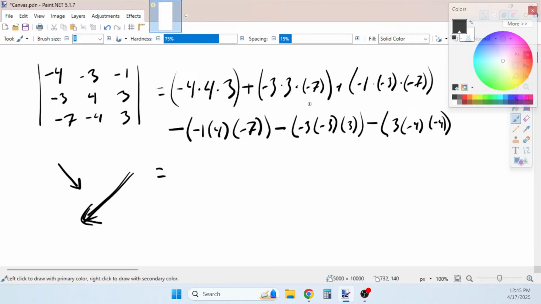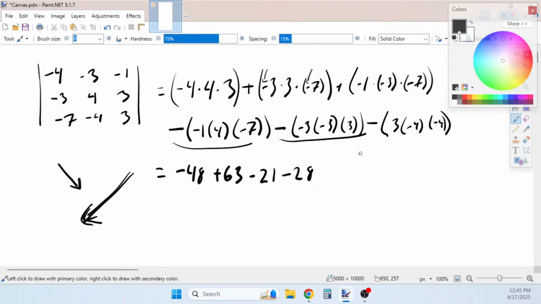By each of these. 4 times 4 is 68. The two negative signs here, I get plus. Here I have 3 negative signs, so 1 negative sign.